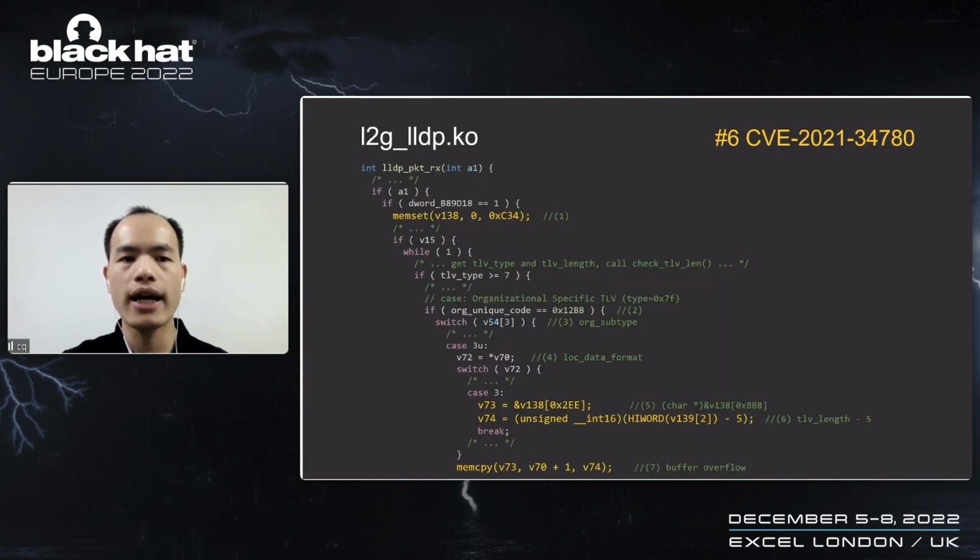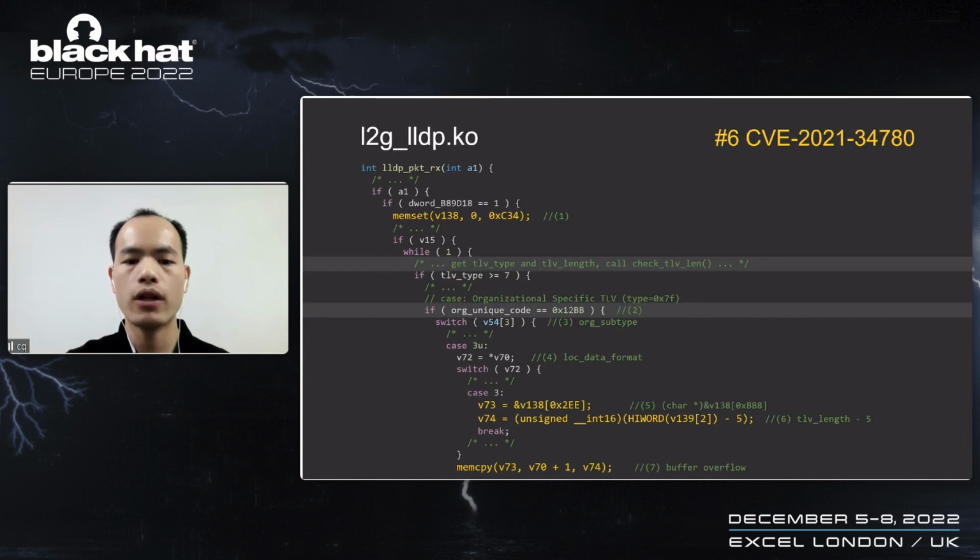In the LLDP packet Rx function, in the following loop, it will get the TLV type and TLV length field, then call the check TLV length function to do validation. If it is satisfied and TLV type equals 7F, the routine will reach 2. If the org unique code is 12BB, and the org subtype and the location data format are both equal to 3, then the routine will reach 5.